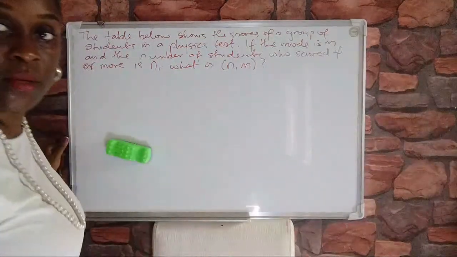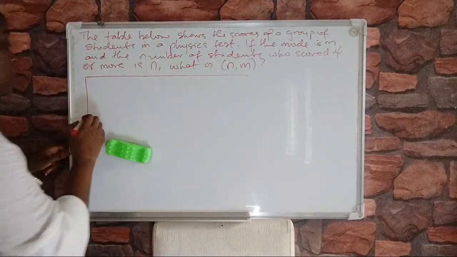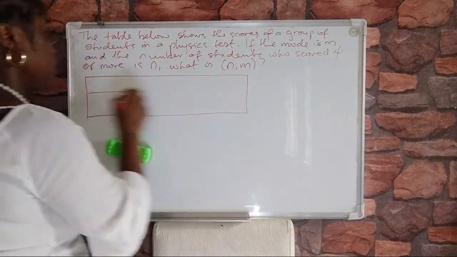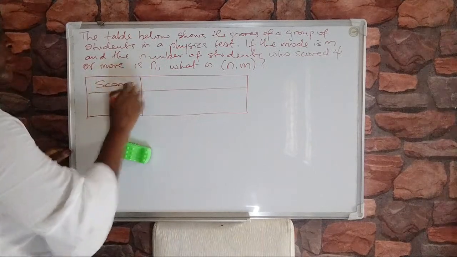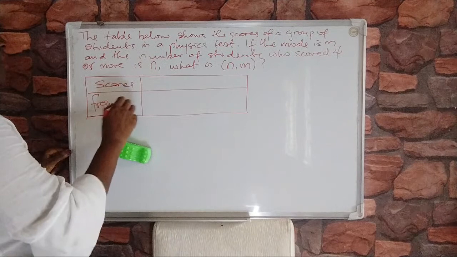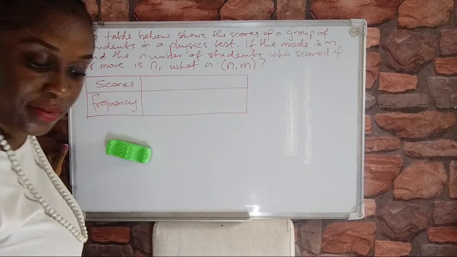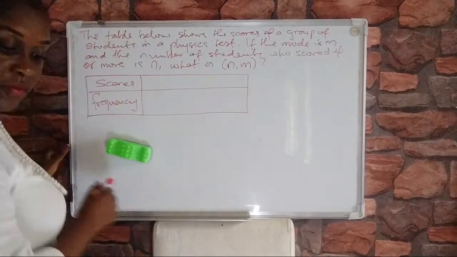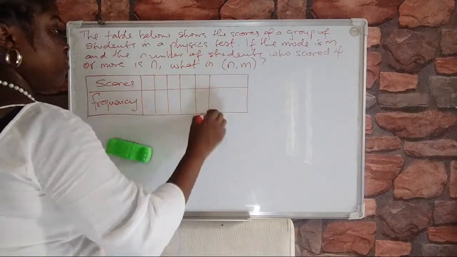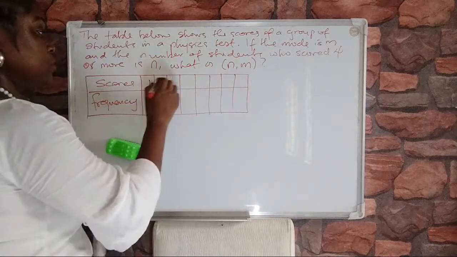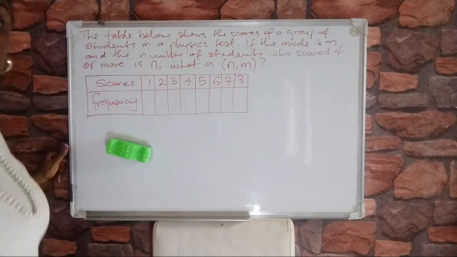Okay? So this is our table. We have the scores and we have the frequency. We have the scores of 1 to 8: 1, 2, 3, 4, 5, 6, 7, and 8.